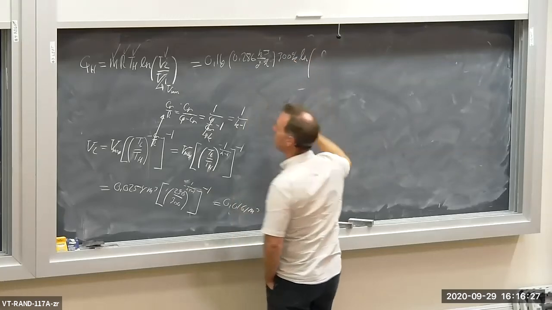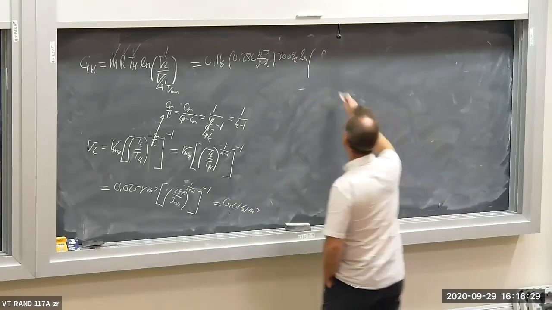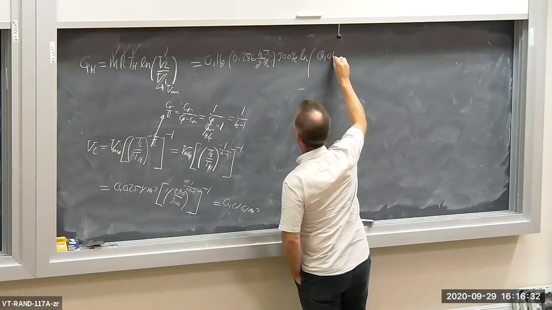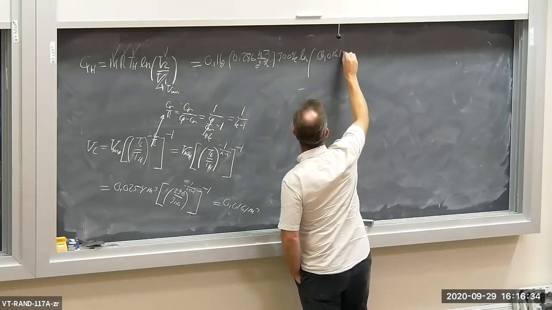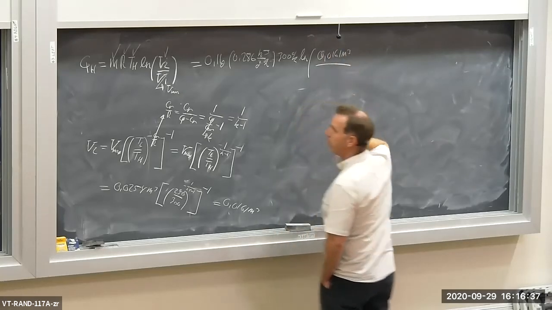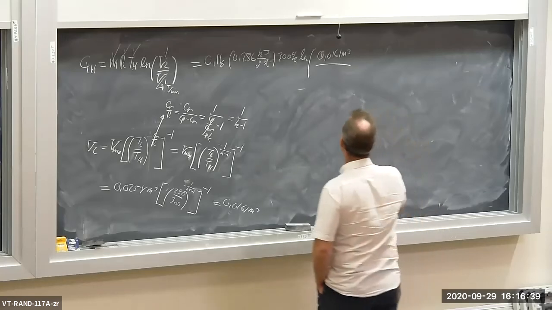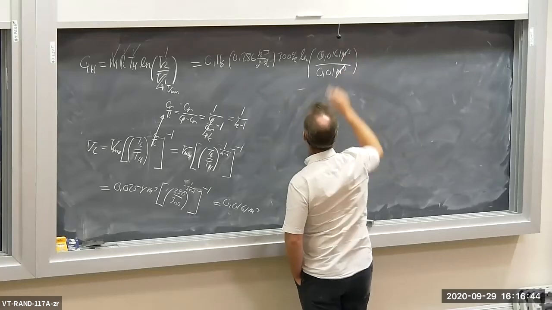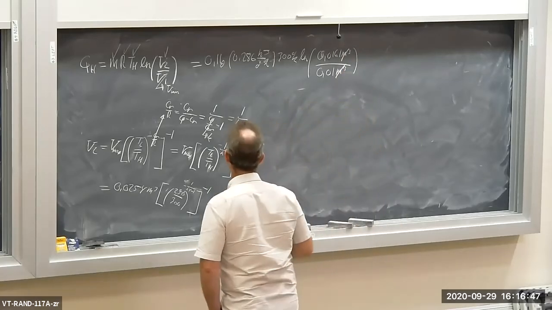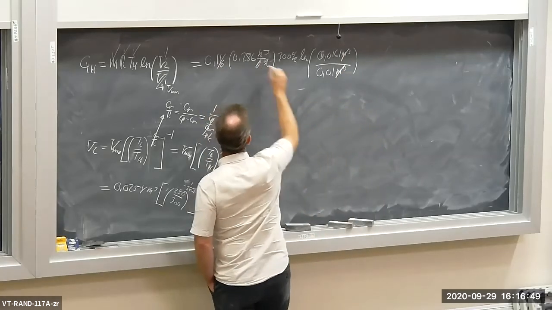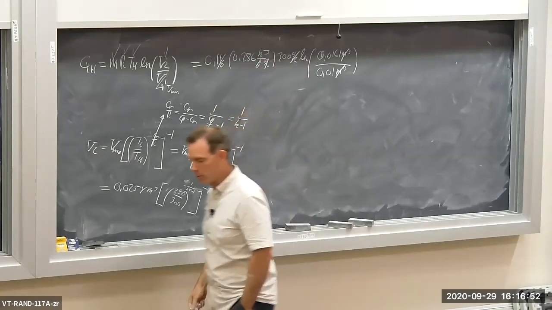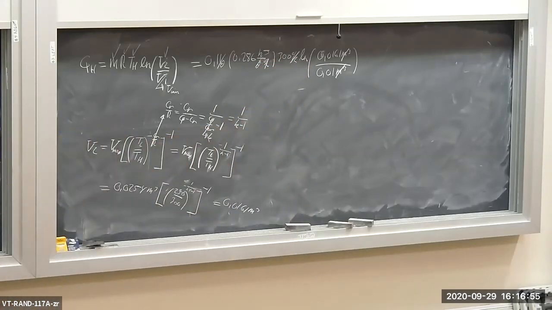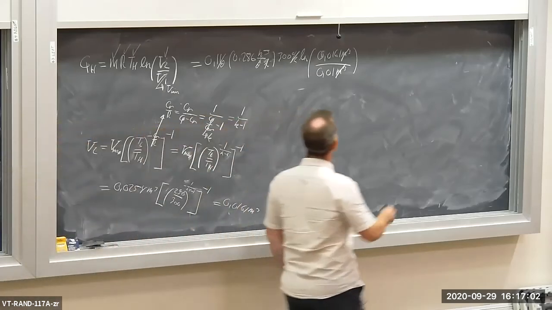And then I have the natural log of V2, which is 0.0161 cubic meters, over V min. V min was 0.01 cubic meters. Cubic meters cancel out. They better for the natural log. The kilograms and Kelvin cancel, and I get kilojoules. That looks good. And that gives me the final heat transfer from the high temperature reservoir of 4.09 kilojoules.